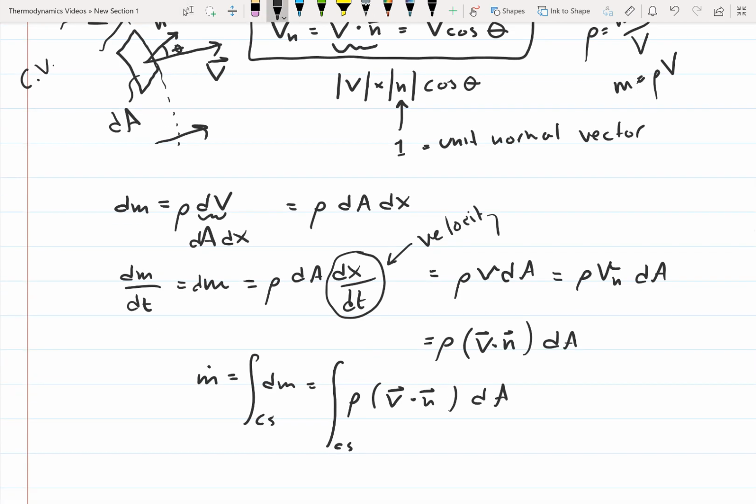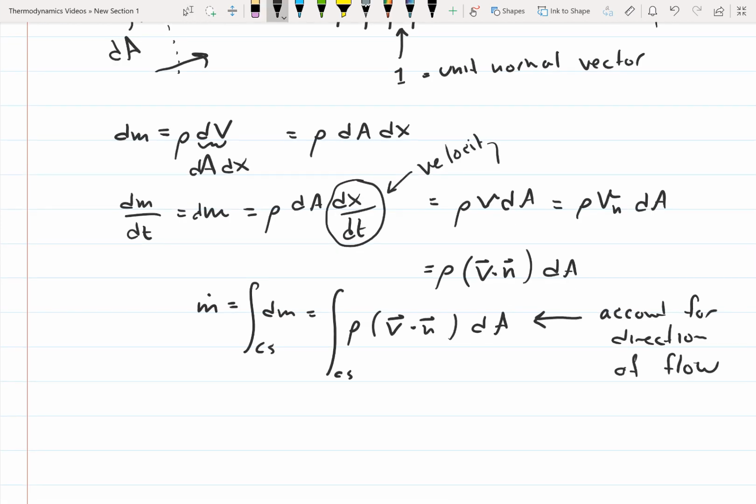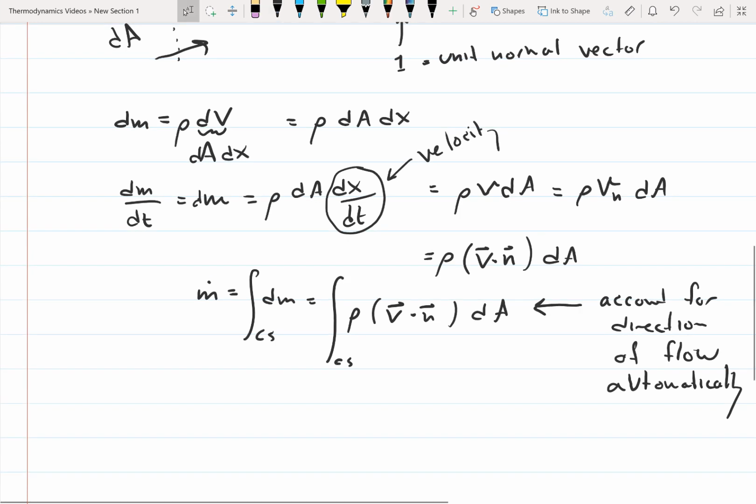And one really nice thing about this equation is that it accounts for the direction of flow automatically. And how that happens is with this dot product.